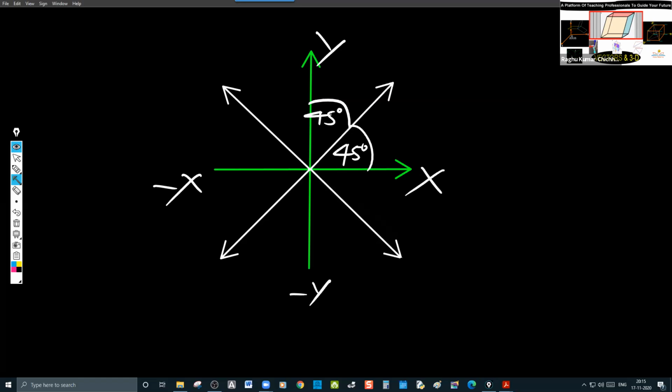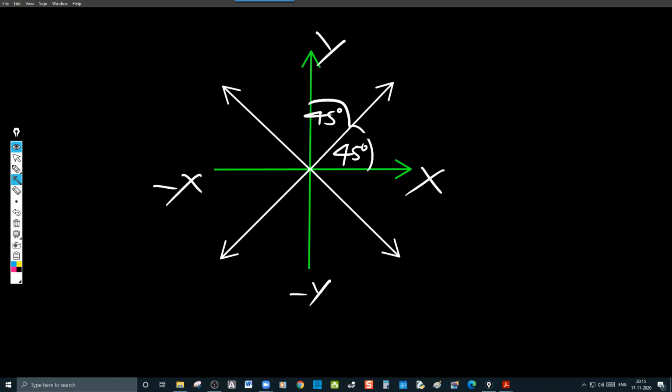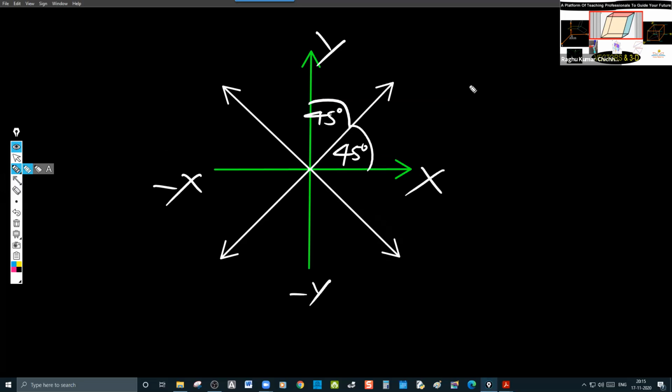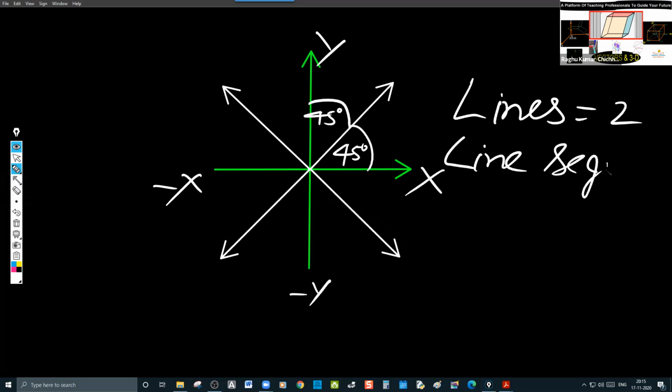How many lines will be there? Only 2. Line segments will be 4. Lines is equal to 2 only, but line segments is equal to 4 please. I hope you understand what I'm saying.